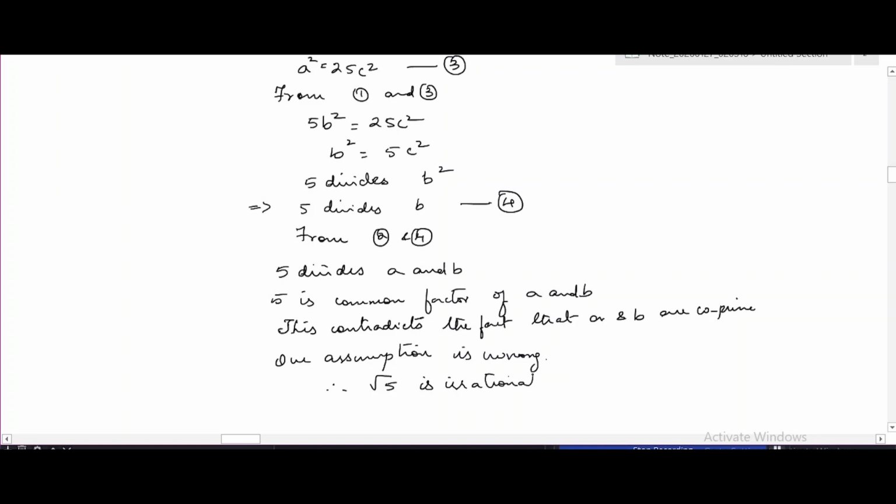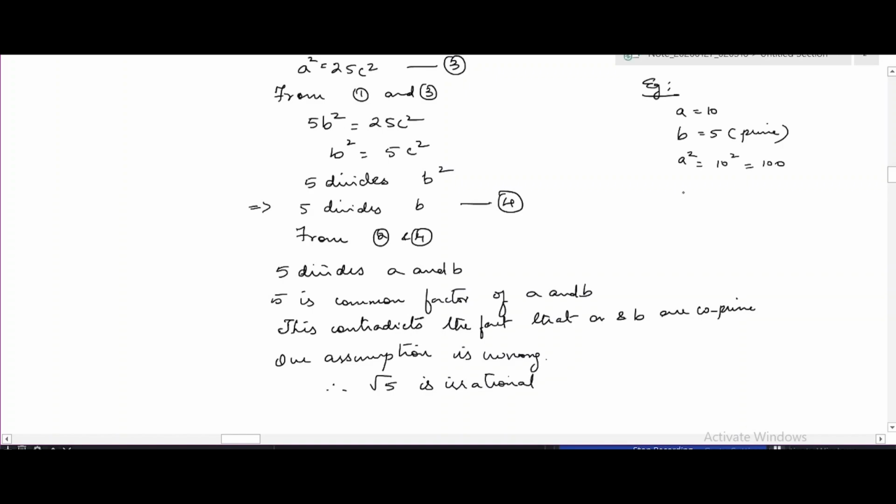Now I'll tell you how to conclude. One more explanation I wanted to give, just for explanation. Suppose a is equal to 10 and b is equal to 5, which is a prime number. Now a squared is equal to 100.